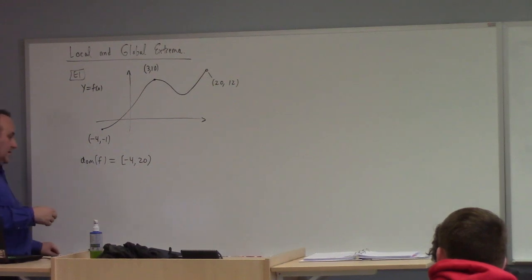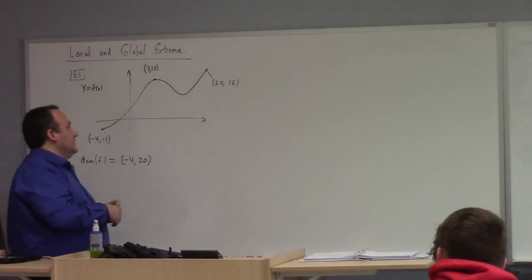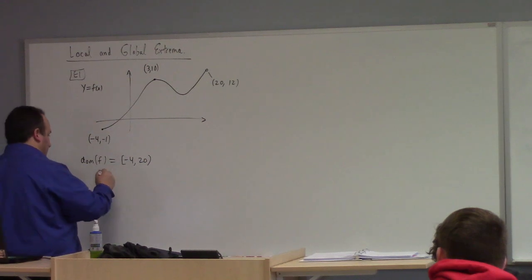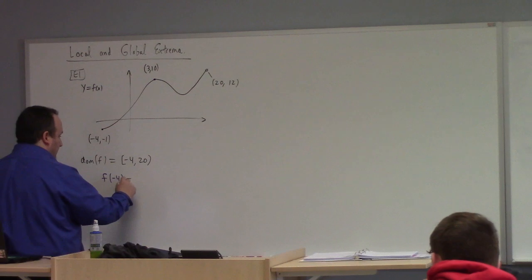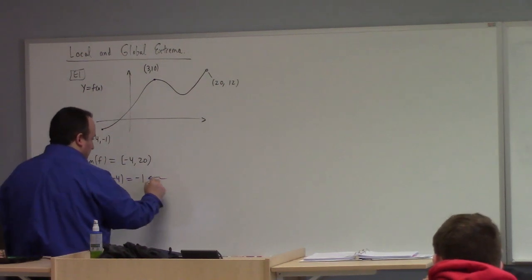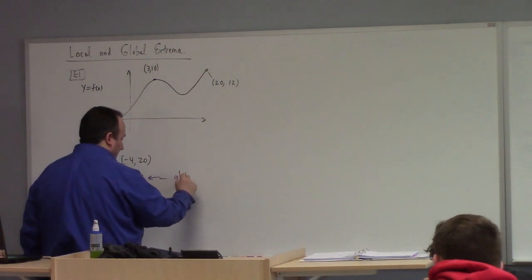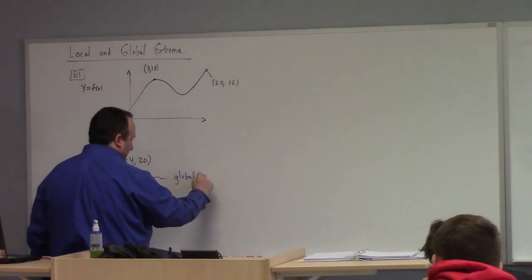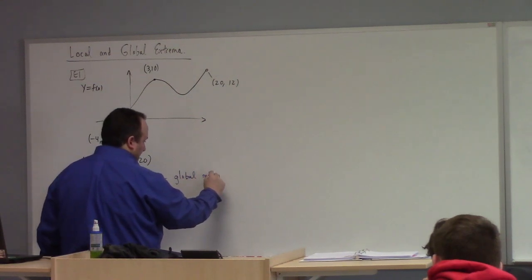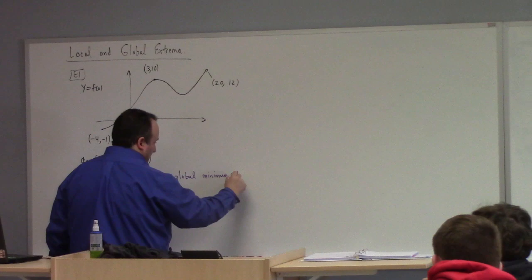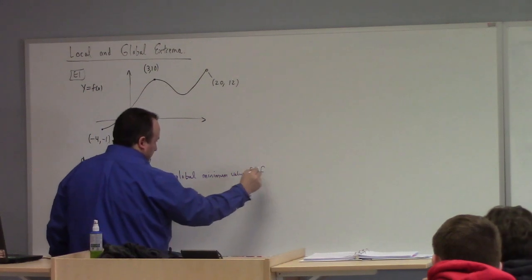So some things I can tell you. f of -4 equals -1. This is the global minimum value for the function, right?